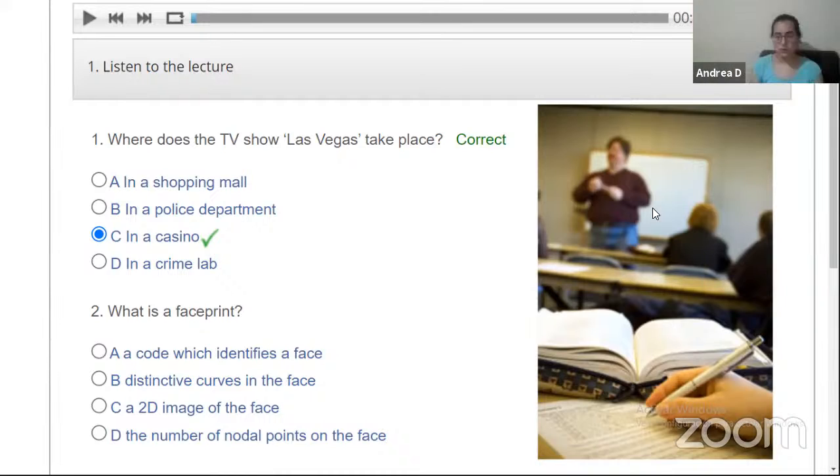Look at your notes. I think a code. A code which identifies a face. All right. A then. Do you all agree?